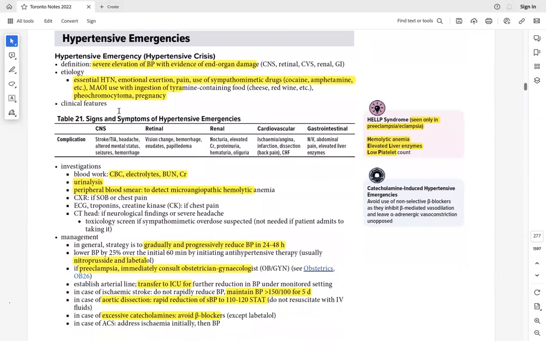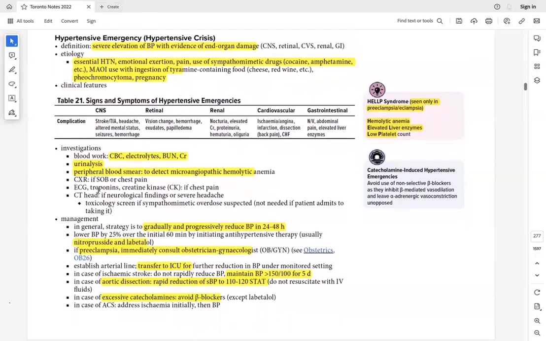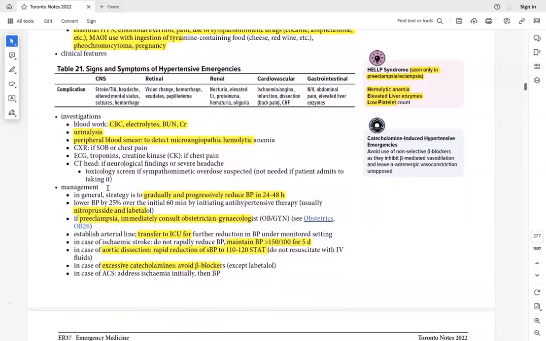We will do the basic investigations: CBC, electrolytes, BUN, creatinine, urine analysis, and then manage accordingly. Depending upon the cause there is a difference, but to decrease the blood pressure, we start the patient on labetalol. That is the best drug.